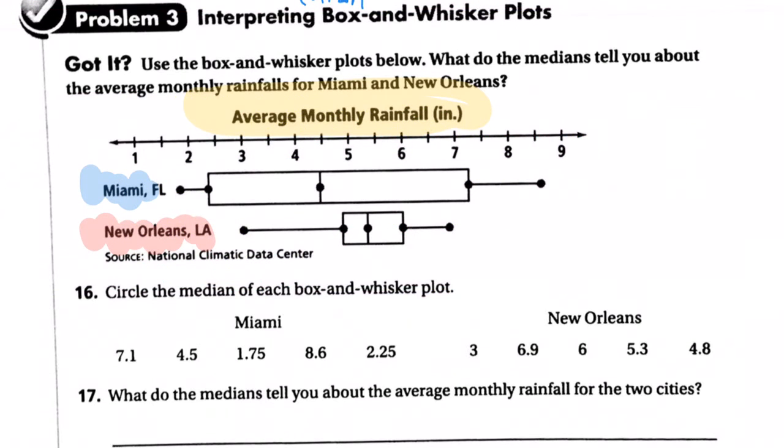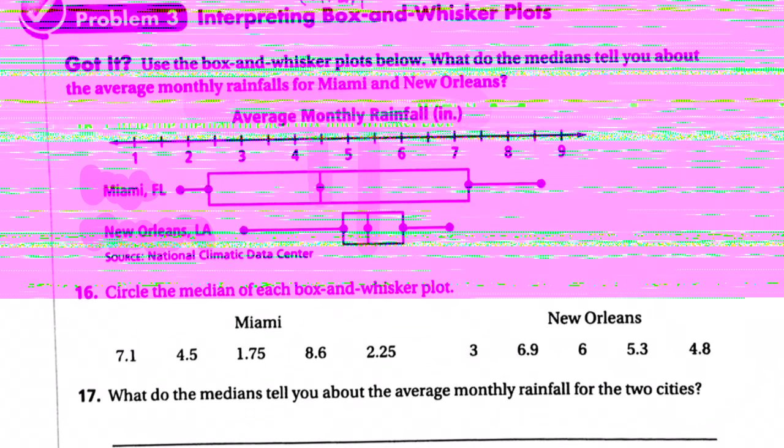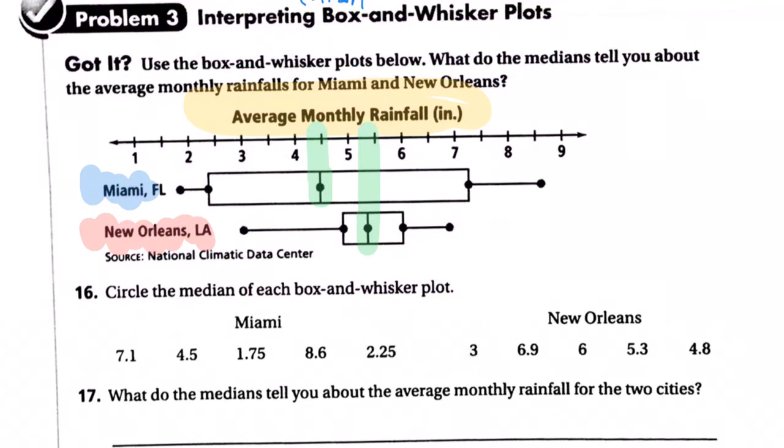So remember that median is that middle value here. So we have two different medians. For Miami, our median looks to be around 4.5. 4.5 is there. So that is our median for Miami. Now, if we look at New Orleans and we go up, it is in between 5 and 5.5.